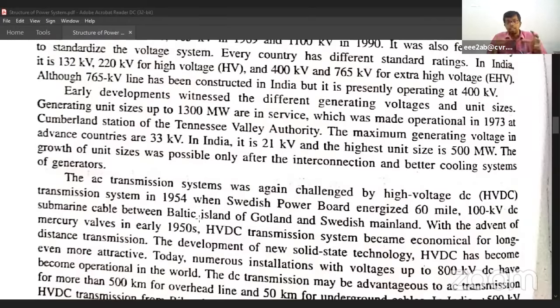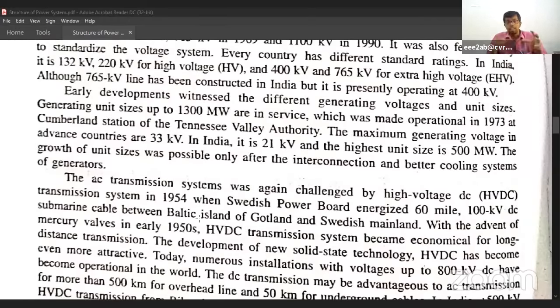Now we can move on to HVDC, the high voltage DC transmission system. I think we are going to study this whole subject separately in the next year, third year.